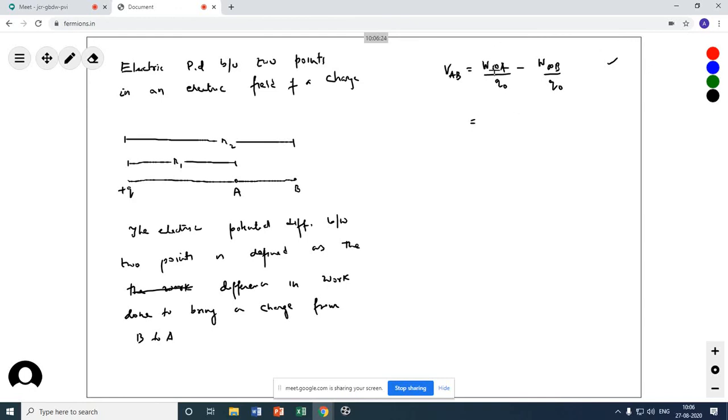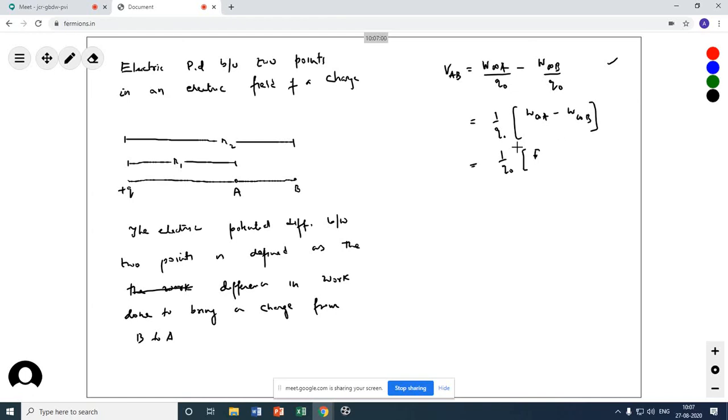Correct? Then this can be written as, taking 1 by Q naught common, W infinity to A minus W infinity to B. This would be force into displacement, something like force into dx1, dx2.